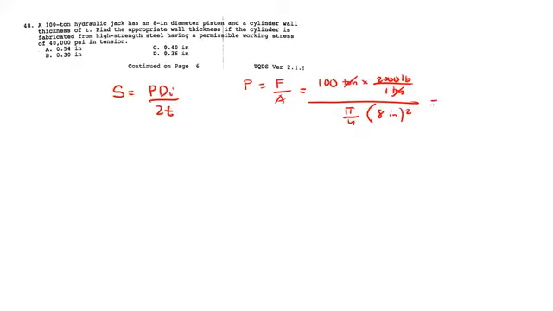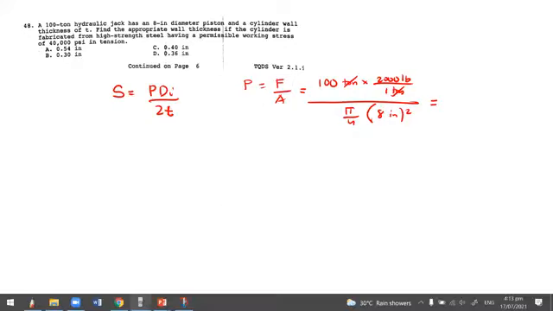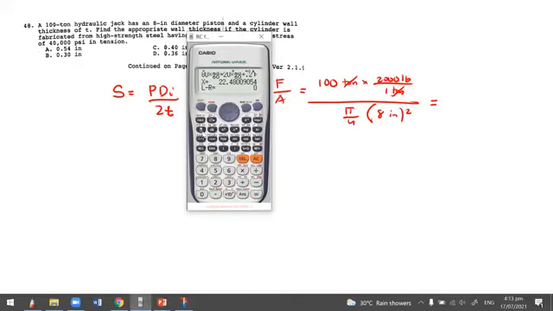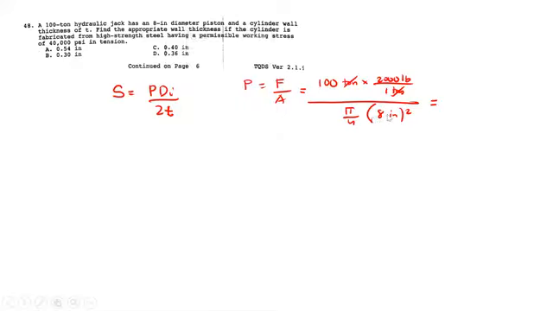So, makukuha natin dito, 100 times 2,000 divided by pi over 4 times 8 squared. So, 3978.87 PSI.